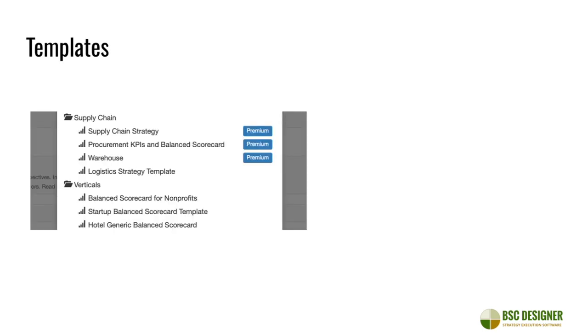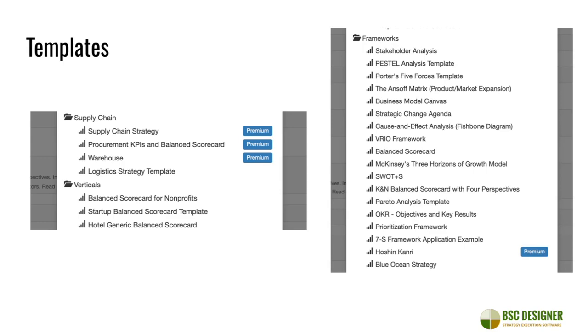There were some improvements in terms of templates and using them. First of all, we added more strategy templates to the software: supply chain, logistics, and change management. We also added templates for more business frameworks: stakeholder analysis, ends and means metrics, business model canvas, blue ocean strategy.